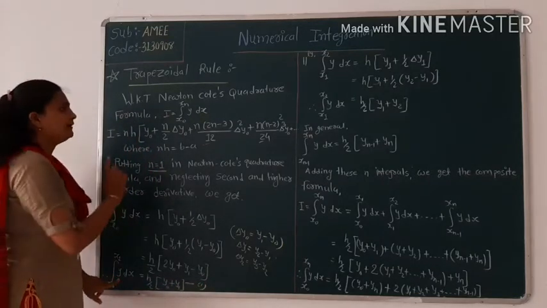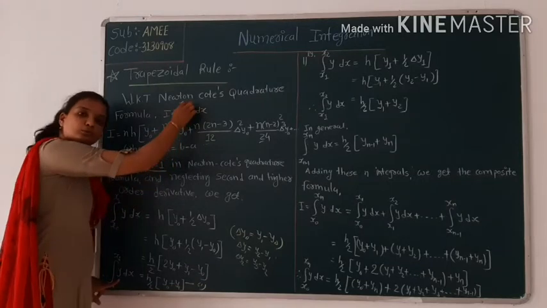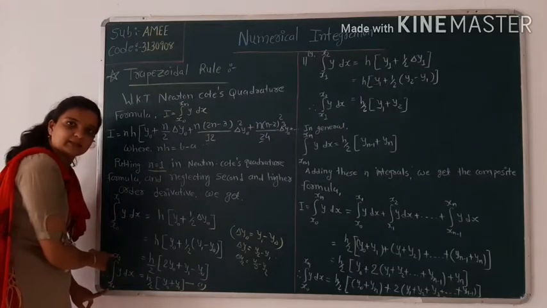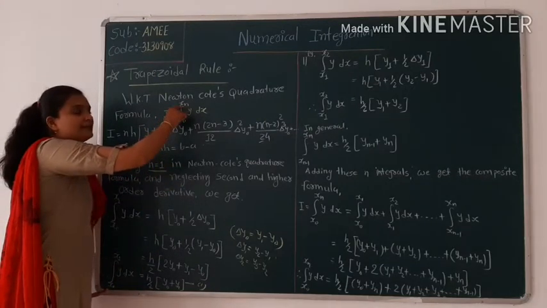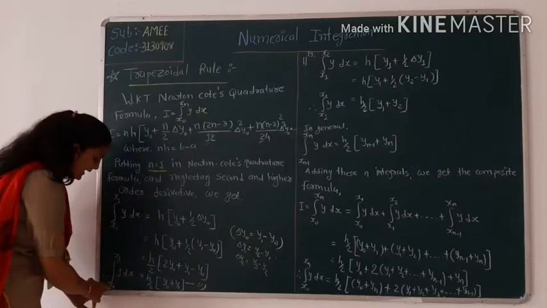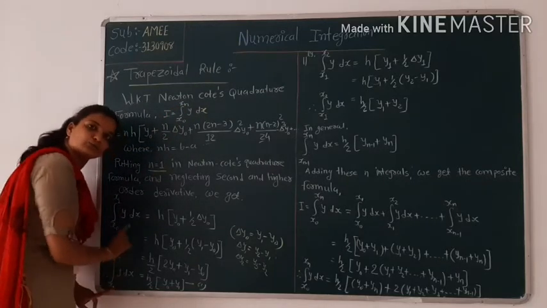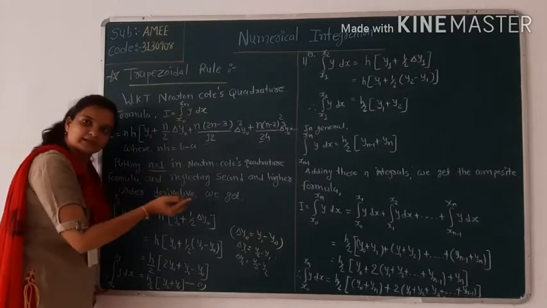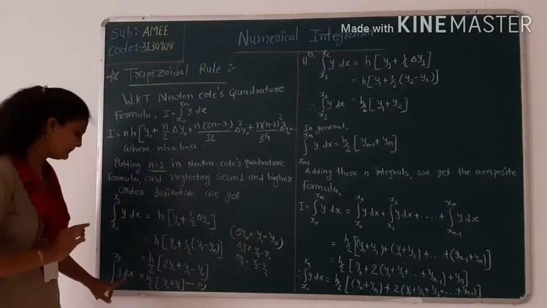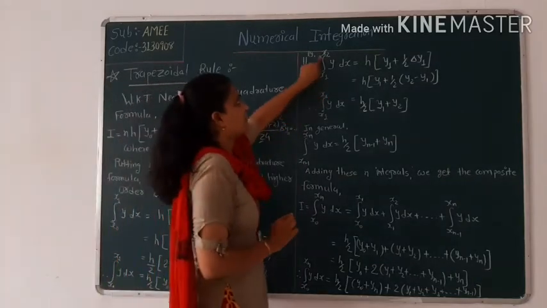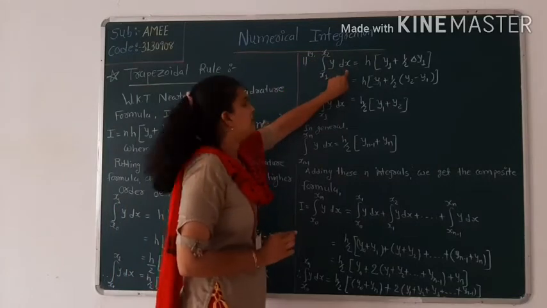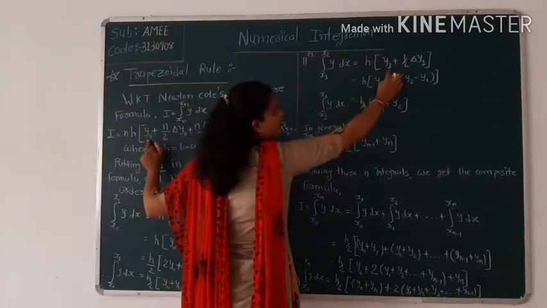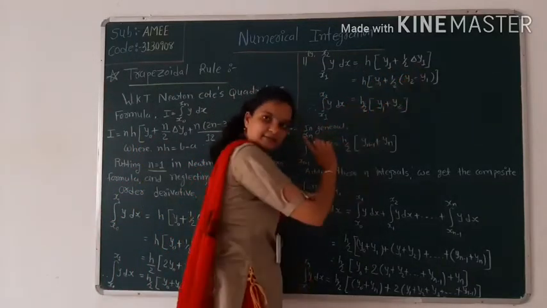Now, we have integral x0 to xn. We found the first part, x0 to x1. In a similar way we reach xn. So we find x1 to x2, x2 to x3, x3 to x4 and xn minus 1 to xn. Similarly, for x1 to x2, y dx is h [y1 plus 1 by 2 delta y1].